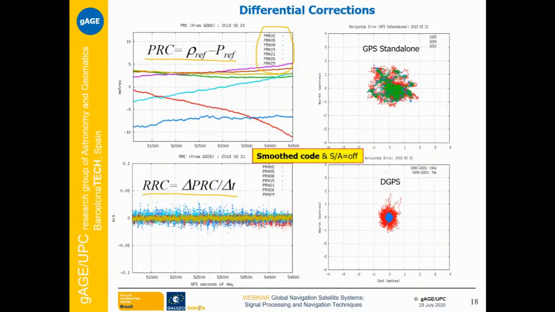And just to summarize, we can see the performance of these three permanent receivers in standalone and how they perform. Same data, same receiver, same day, everything is the same, but only by using the data in differential mode, we improve the performance a lot.